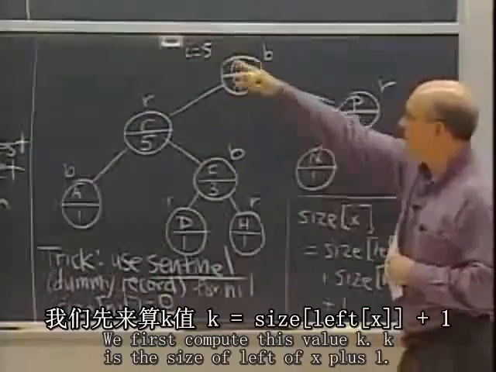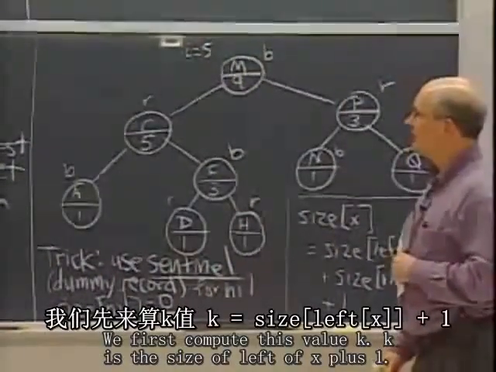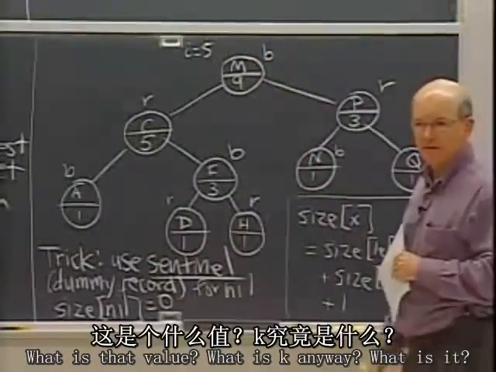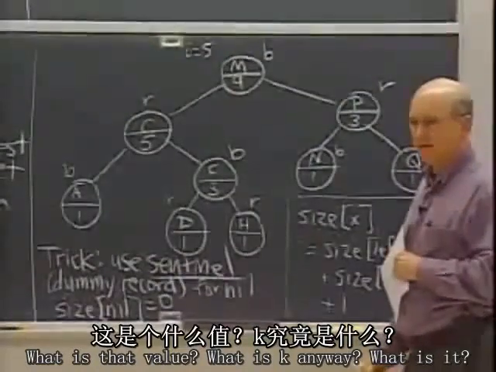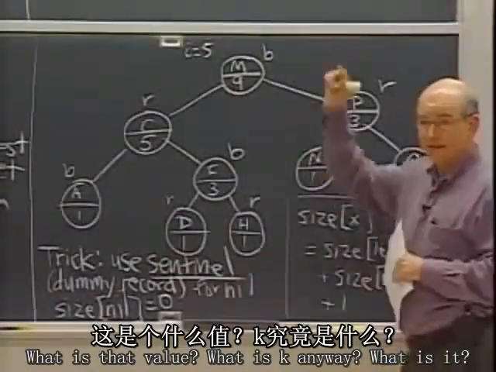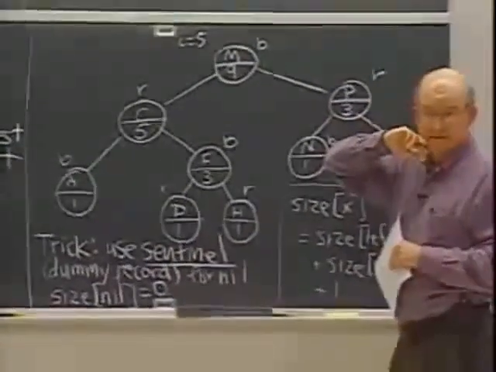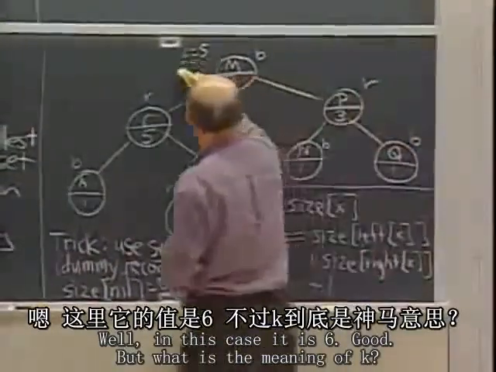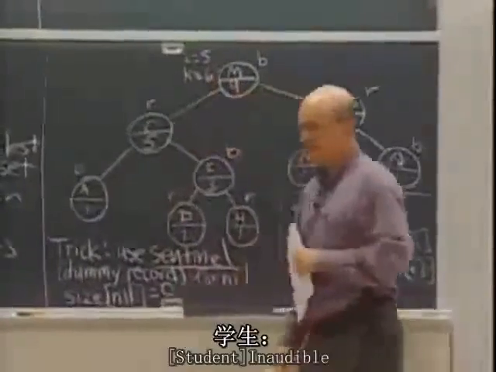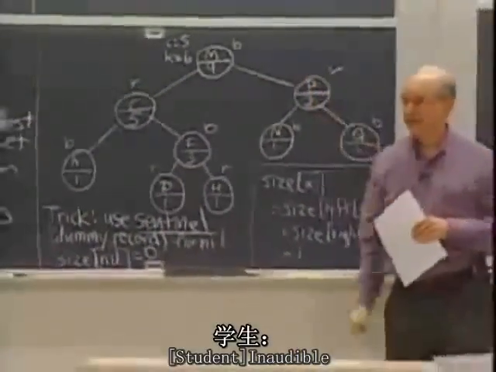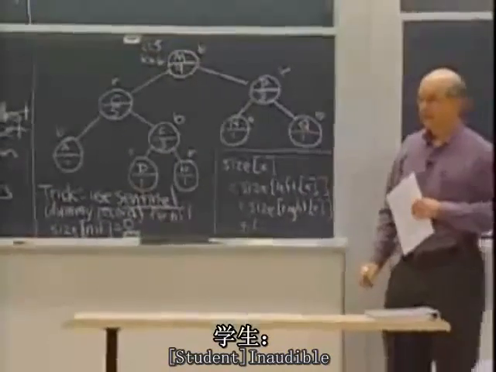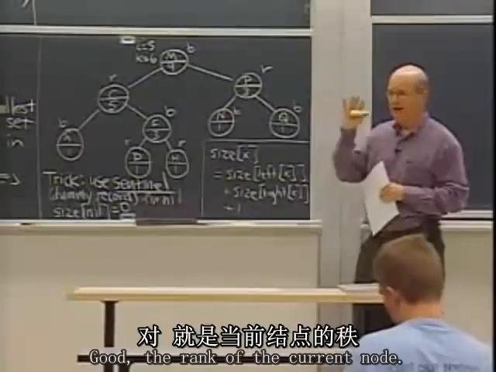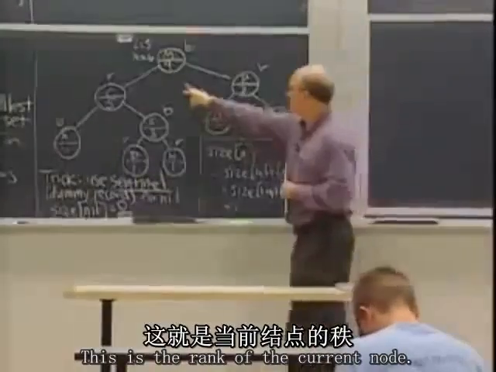So we first compute this value k. Okay, so k is the size of left of x plus 1. What is that value? What is k anyway? In this case, it's 6. Good. But what is the meaning of k? The rank. Good, good. The rank of the current node.